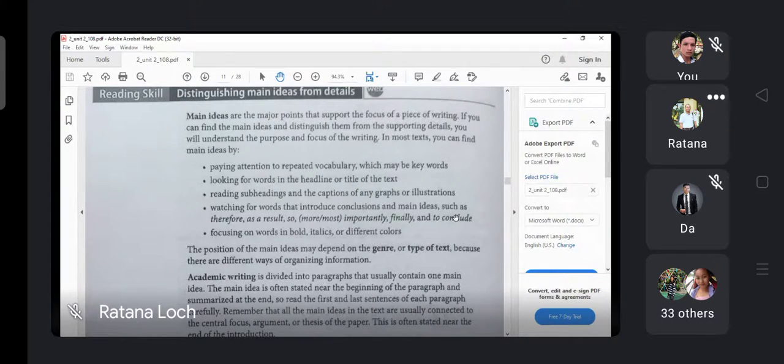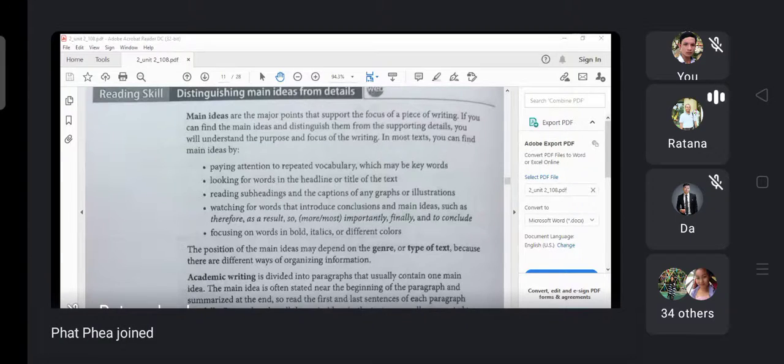Number four, watching for words that introduce conclusions or main ideas. For conclusion, all of you already know about writing a conclusion.